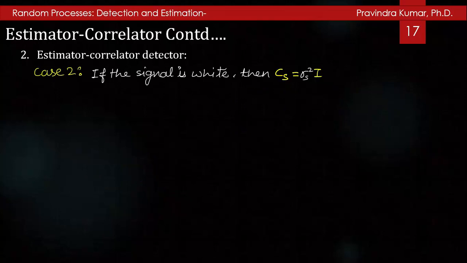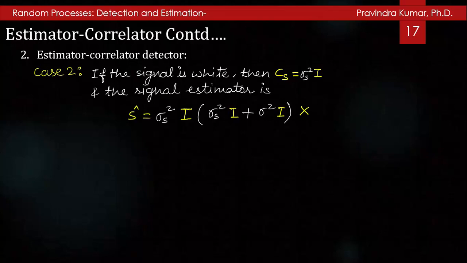Now, if the signal is white, then Cs is equal to sigma S square I, and the signal estimator S cap is sigma S square I times the inverse of (sigma S square I plus sigma square I) into x.